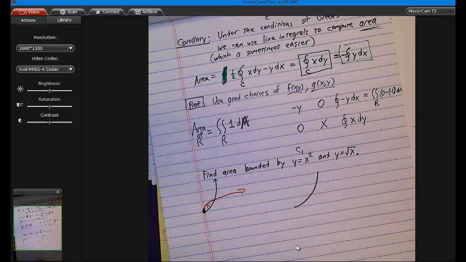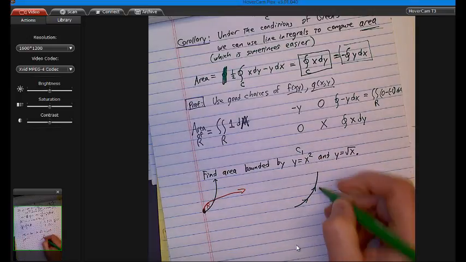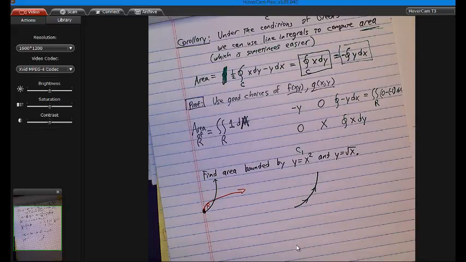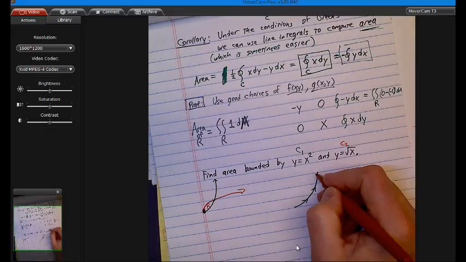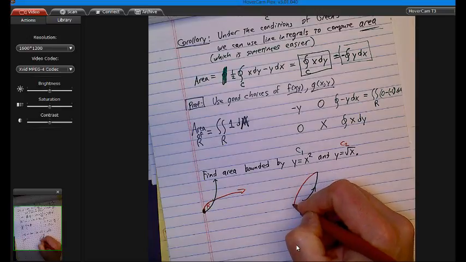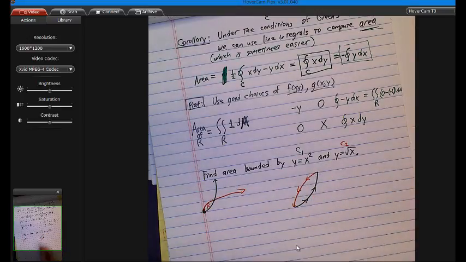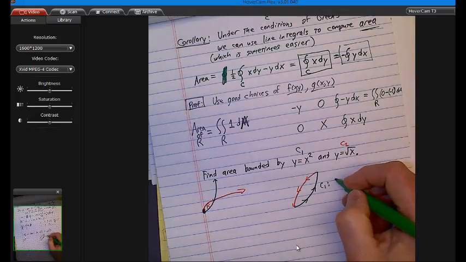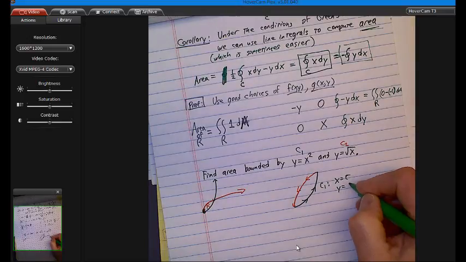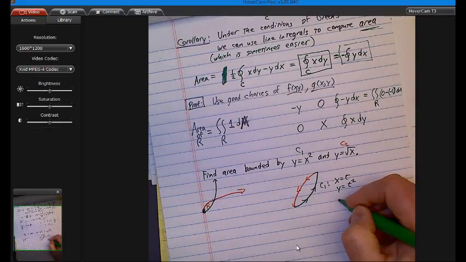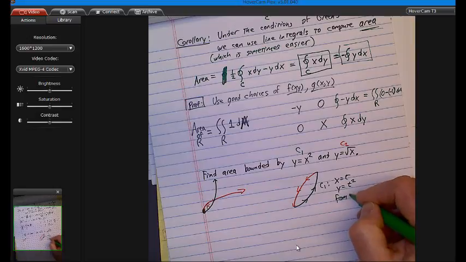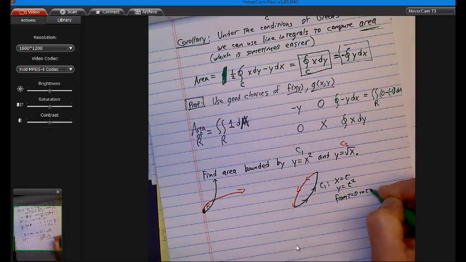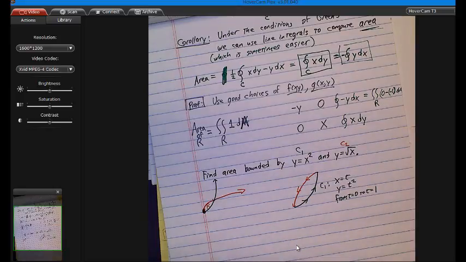That's my curve number 1, and I'm going to go this way around the curve. Then I'm going to come backwards along C2. So that's the game. To parameterize C1, we're going to say x equals t, y equals t squared, going from t equals 0 to t equals 1, and that'll bring me along the curve. Make sense?